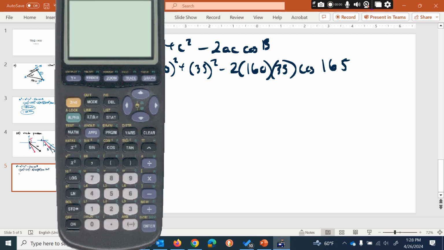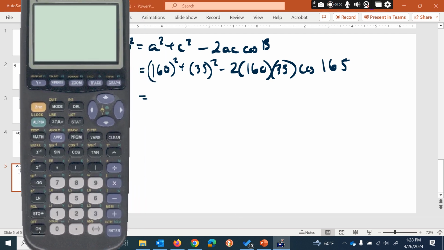Okay, punching that into a calculator. Let's see what we got. 160 squared plus 35 squared minus 2 times 160, I'm going to make sure I do this correctly this time, times 35 cosine 165.